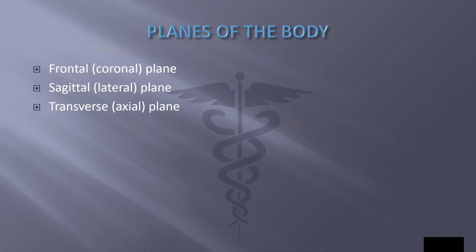And then B is the sagittal lateral plane. This is a lateral side view of the chest. And then C is the transverse axial plane. This computed tomography image is a snapshot of structures at a specific level of the body.